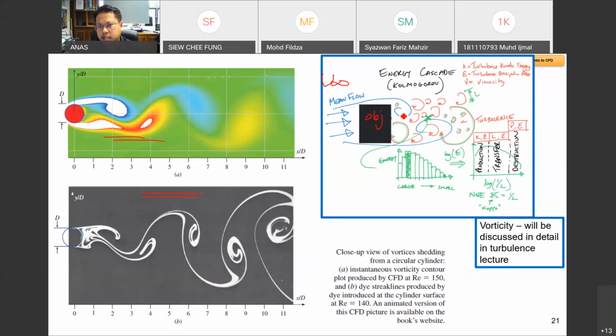It can be large eddies and it can be small eddies. All these are mixing together. The size of the eddies can be further characterized by a name. For example, they call it energy cascade. Energy cascade means the energy is being cascaded from a large eddy to a smaller eddy. So this is what we're going to cover later on.